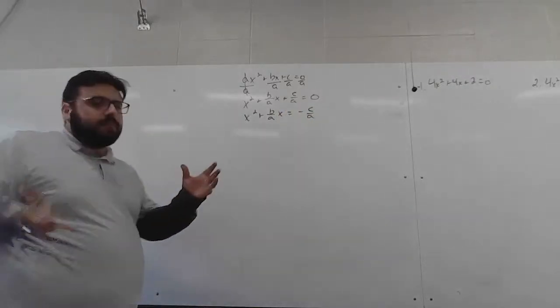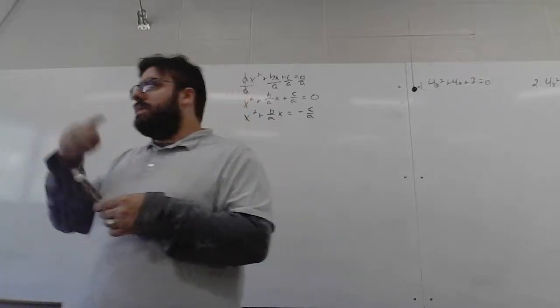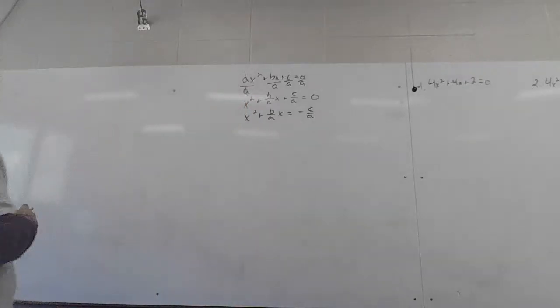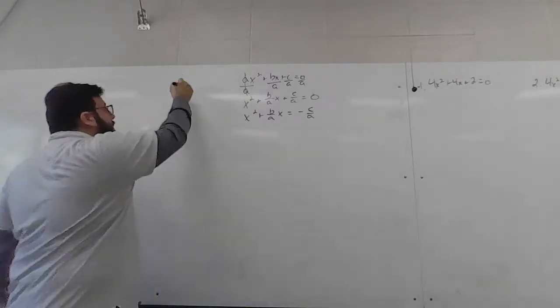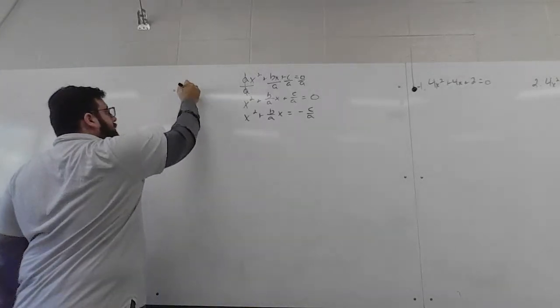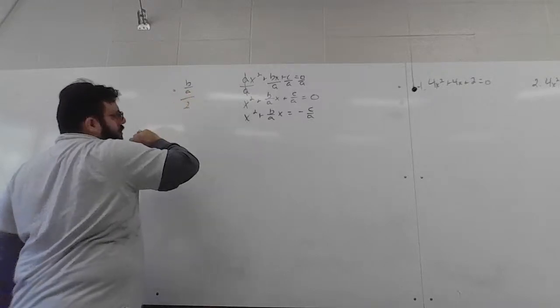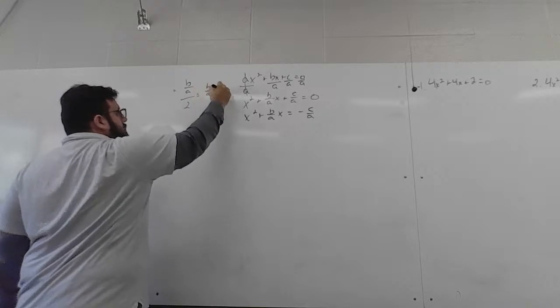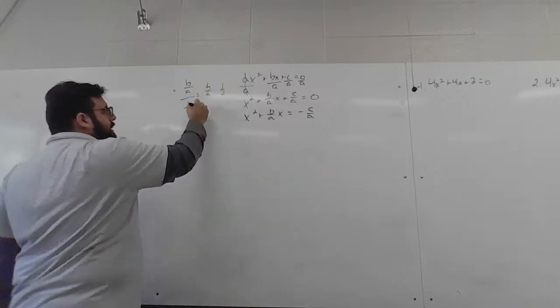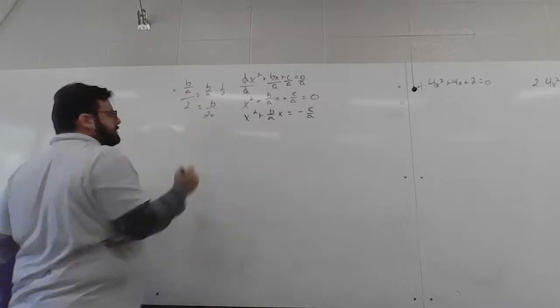Okay. Now comes the actual completing the square part. So b over a is my new b. That means I need to find my new b over 2 squared. So my new b over 2 is b over a over 2, which, if you know how to divide fractions, is b over a times 1/2, which is b over 2a.